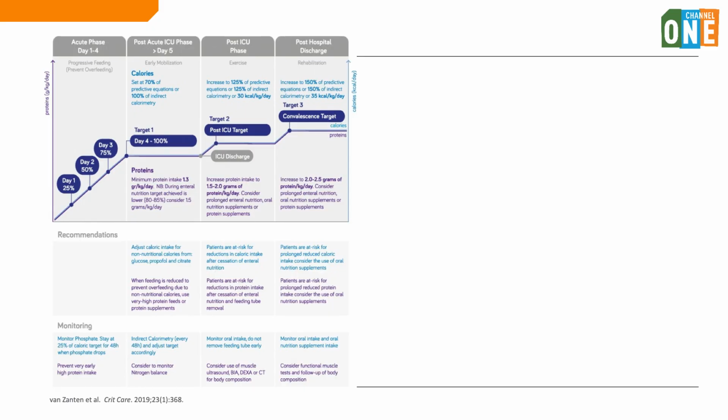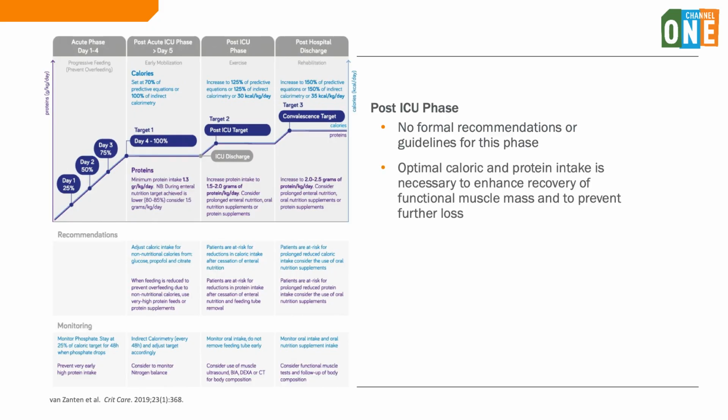In this phase, calories can be increased by up to 120% of predictive equations or 125% of indirect calorimetry results. I should note that there are no formal recommendations or guidelines for this phase. Optimal calorie and protein intake is necessary to enhance recovery.